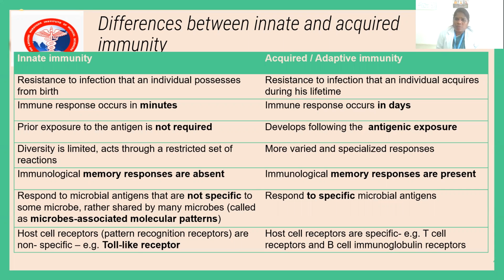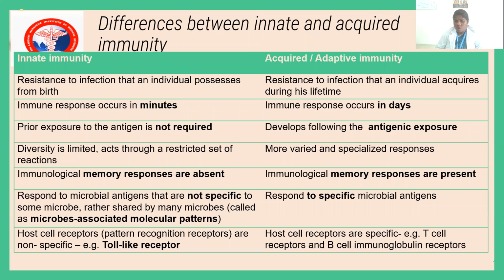When it comes to acquired or adaptive immunity, I have already mentioned the definition. It occurs during the course of life. The immune response does not occur immediately. It takes some time to activate the T cell, B cell, and develop that kind of defense. It needs prior exposure to the antigen. If the antigen is exposed, it is processed and presented, and only then does it get activated.